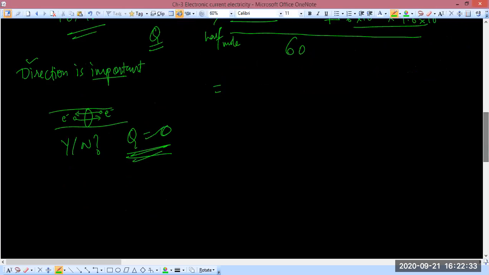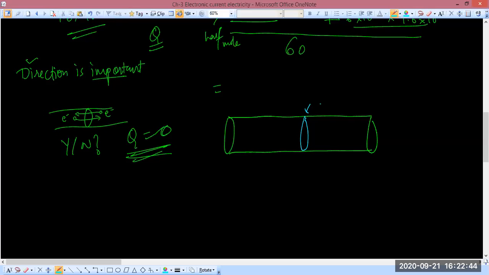I was saying that if you consider a situation like this, where you talk about this cross section, let's say there was one electron here and one electron here.